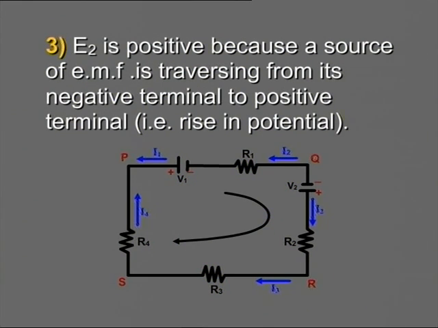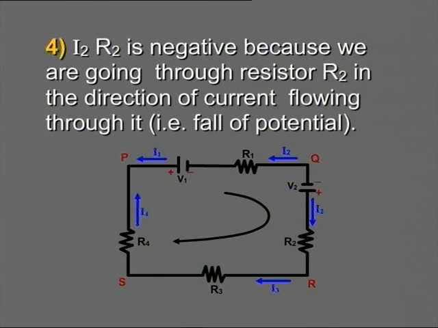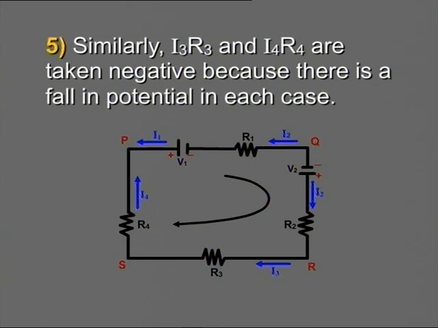Third, V2 is positive because a source of EMF is traversed from its negative terminal to positive terminal, that is, a rise in potential. Fourth, I2 R2 is negative because we are going through resistor R2 in the direction of current flowing through it, that is, a fall in potential. Fifth, similarly I3 R3 and I4 R4 are taken negative because there is a fall in potential in each case.